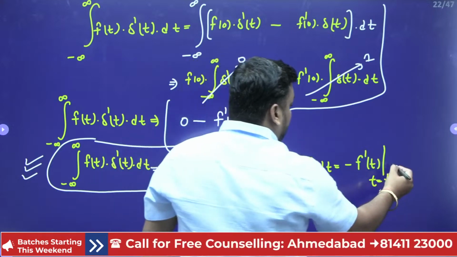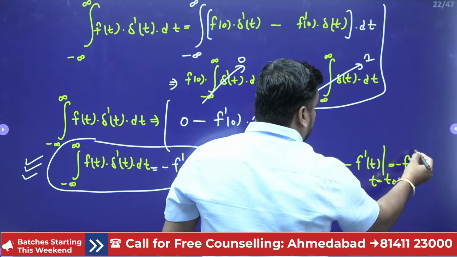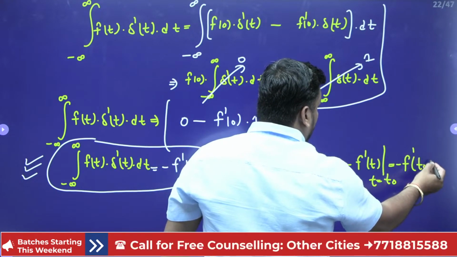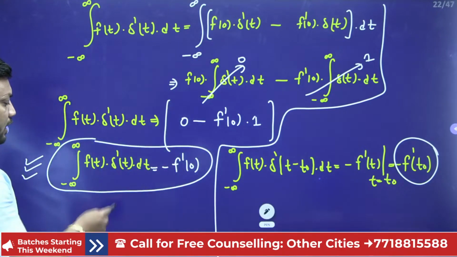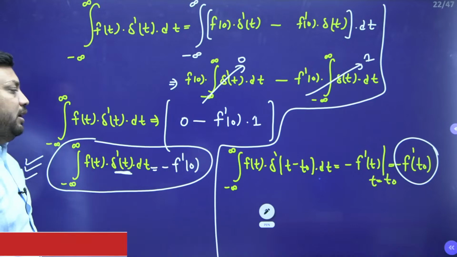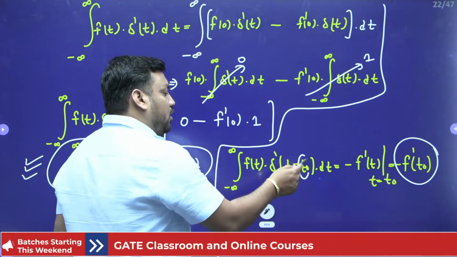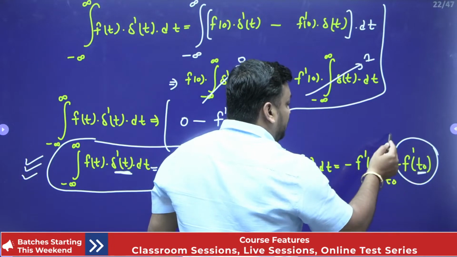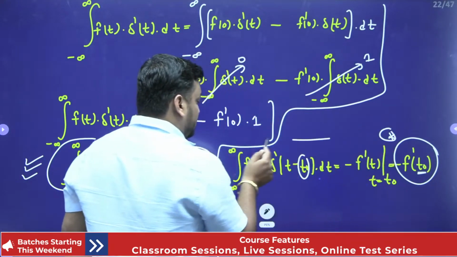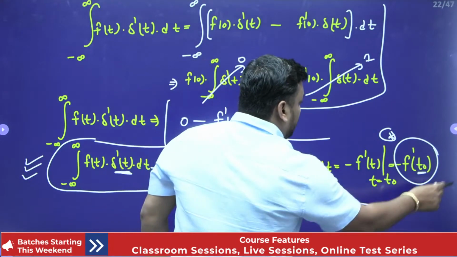So you can also write it as minus f dash t naught. Earlier it is minus f dash 0 because the doublet function is located at 0. Here the doublet function location is t naught. So you need to take differentiation and put t equal to t naught with a negative sign. This is the only answer, guys.